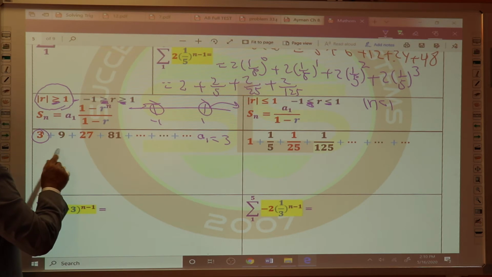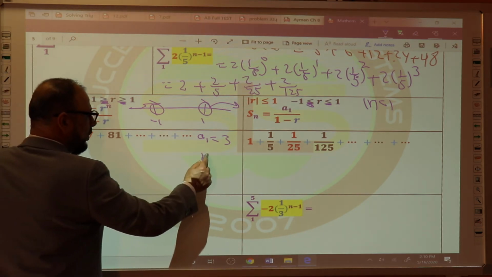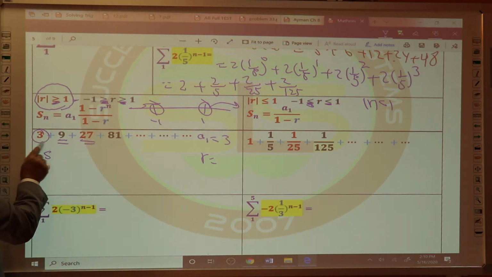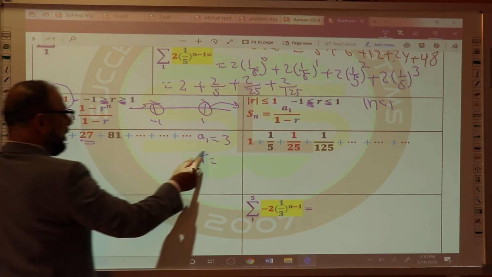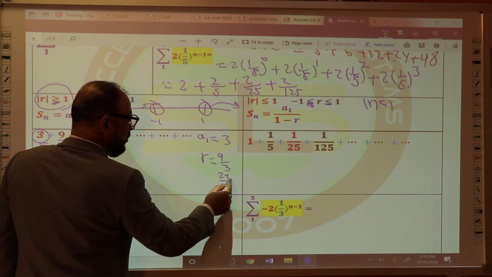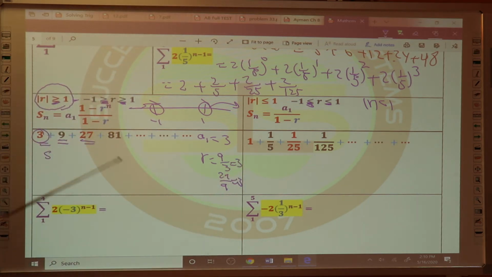Right? Now if I need the sum and R, what's R equal? You have to find R. How do you find R? Divide 27 by 9 or 9 by 3. The same. Both give you 3, right? Or 81 divided by 27.